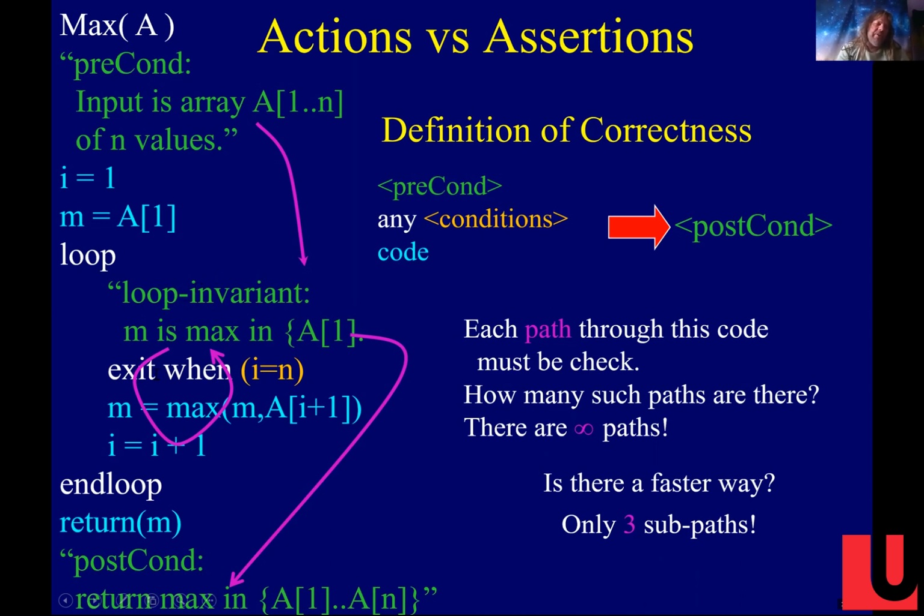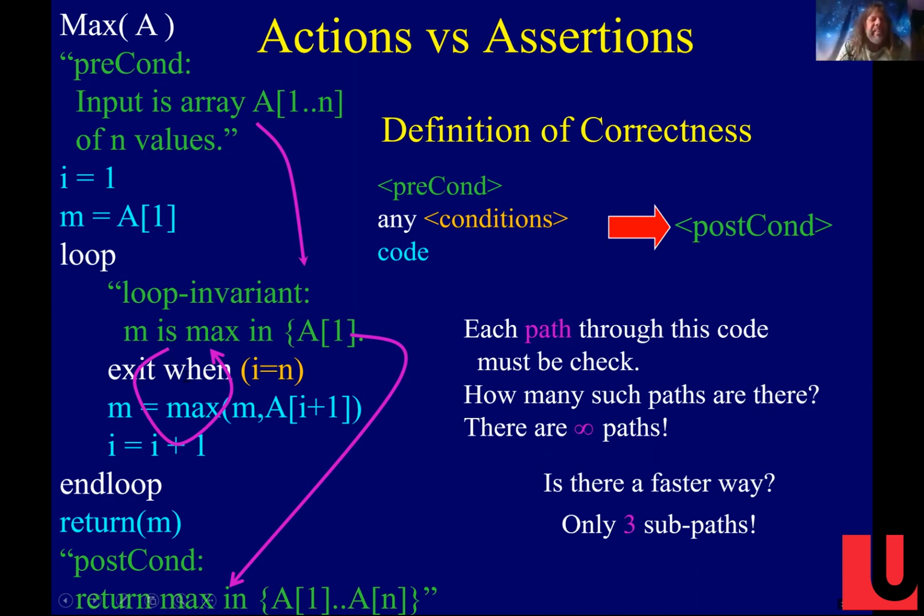I could either not exit, do this code and come back to the loop invariant, or I could be at the loop invariant, hit the exit condition, exit, and come down to the post condition, right? So I very carefully put the loop invariant at the top of the loop, and I put the exit condition after the loop invariant, because from the loop invariant, my paths branch.